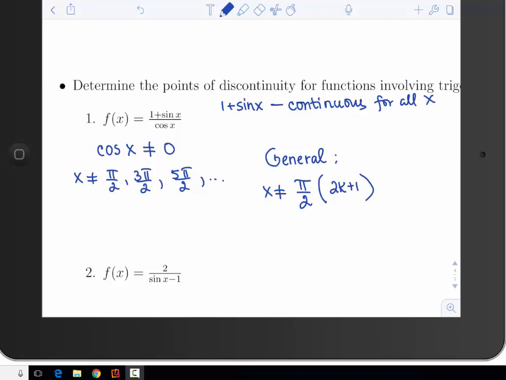You will get something like 4 pi or 3 pi, 2 pi. But cosine is not equal to 0 at those values. It's either 1 or -1. Okay, so we want to make sure that this guy right here is odd. Okay, so odd multiple of pi over 2. Those are the points of discontinuity of this function.